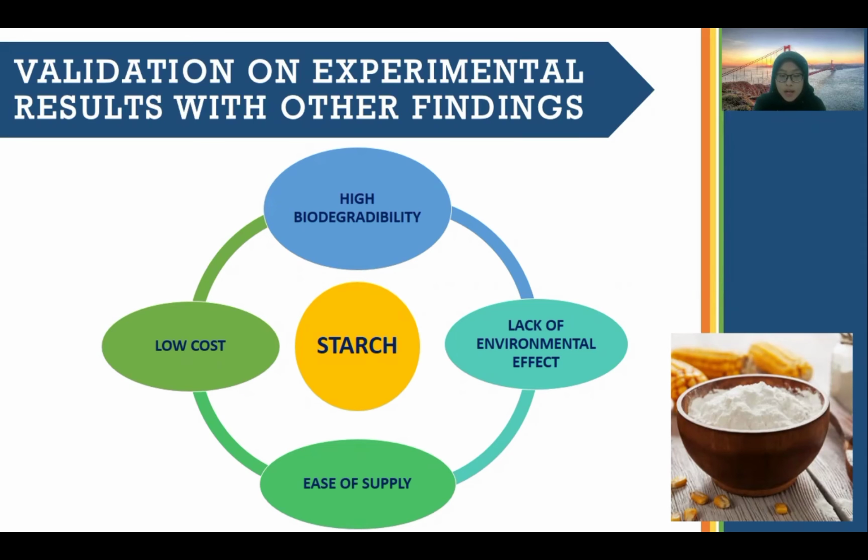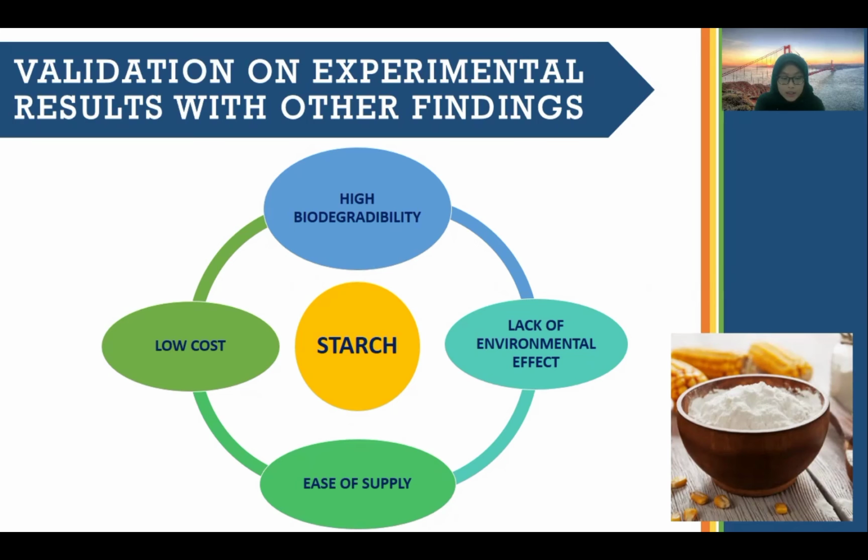Next, starch also has a low environmental effect. Starch is commonly known as a natural polymer that exists naturally and is ready for use after minor processing. Starch is the second most abundant biomass, also known as a renewable energy source found in nature.